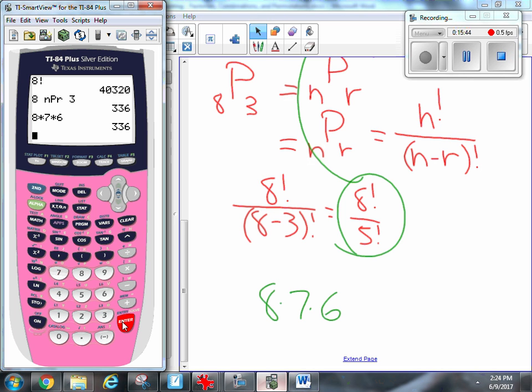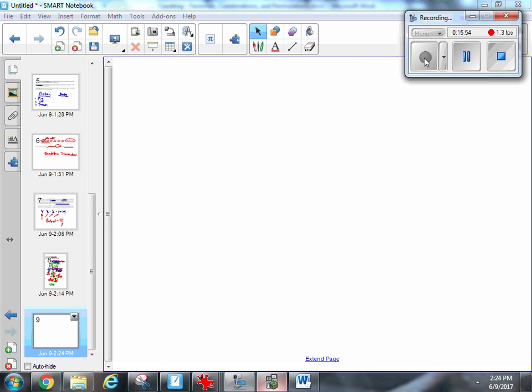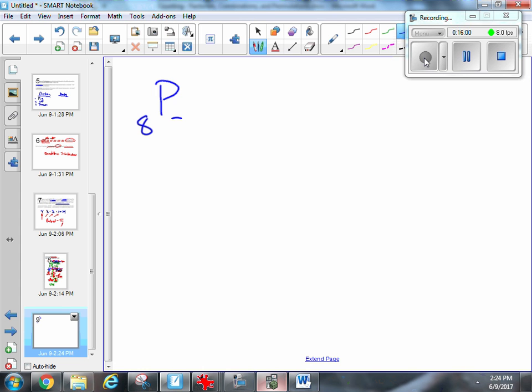So this takes a little practice, but it's really good. It's essential for working with large numbers like this. So we know that our permutation 8, 3, which if we wanted to say it properly, we would say it's a permutation of 8 objects, 3 at a time, and order counts.